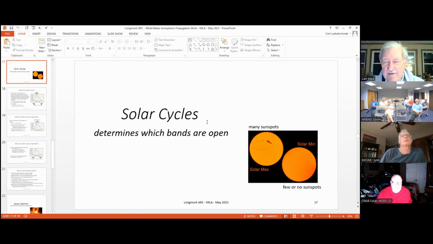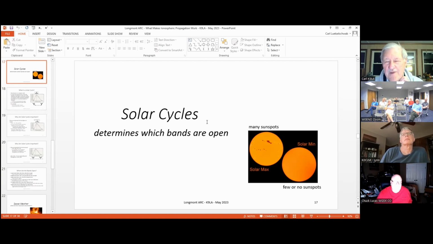Where they are doesn't matter that much, but where they are kind of tells us where we are in a solar cycle. When a new solar cycle starts, the sunspots are at the higher solar latitudes. And as a sunspot cycle progresses, the sunspots form closer and closer to the solar equator.